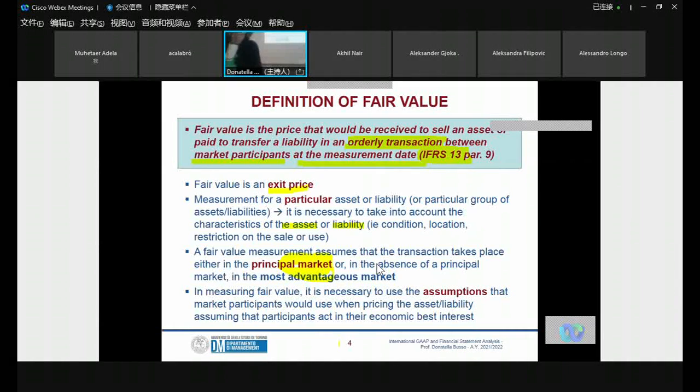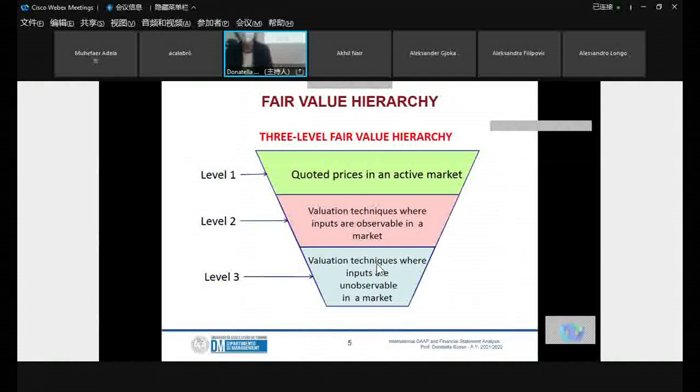So for the buyer, of course, it is the entry price, so the acquisition price. But from the accounting perspective, for an asset, it's the price in order to sell the asset. Of course, for the other party, the buyer, it is the entry price. You're welcome.